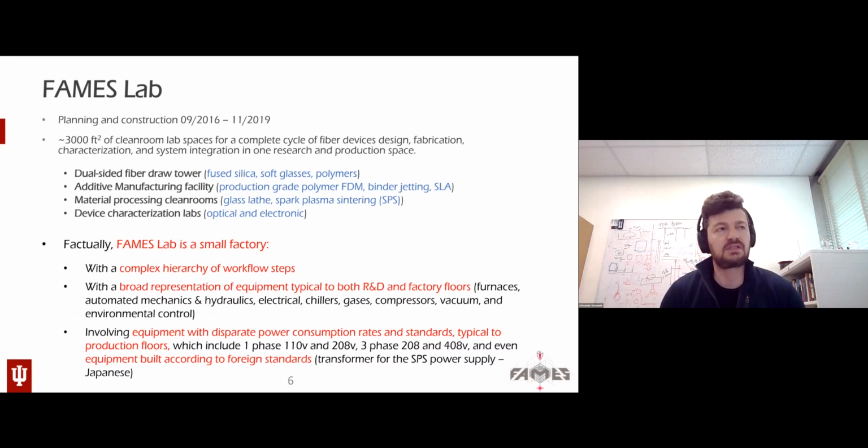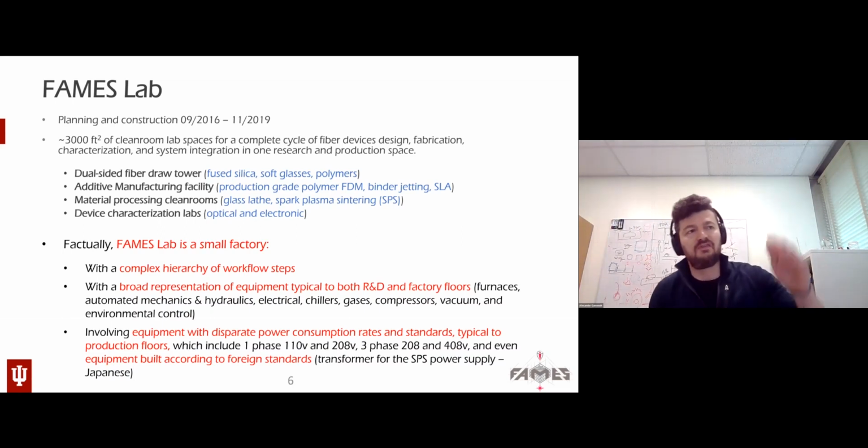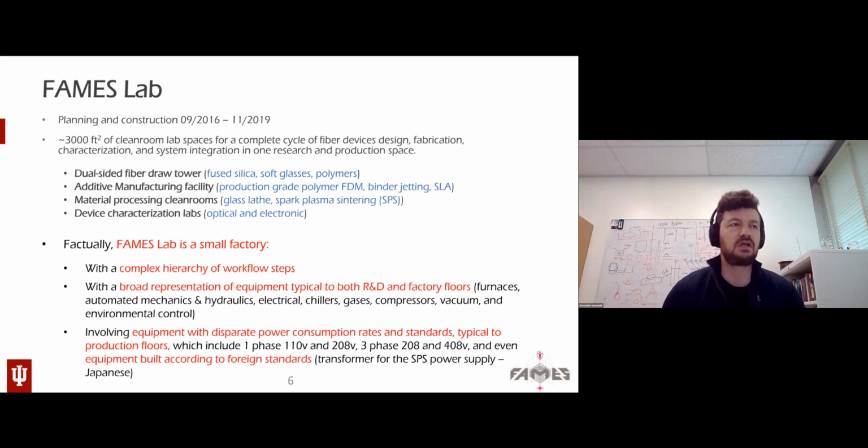It is rated to class 100,000, but the air filtration and exchange and humidity control suits class 10,000. So in that whole space of the lab, air is exchanged at least at a rate of new air every minute in the whole volume. We have equipment with disparate power consumption rates and standards typical to production floors.